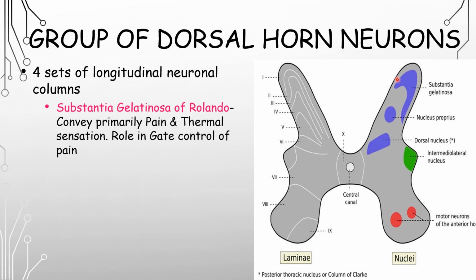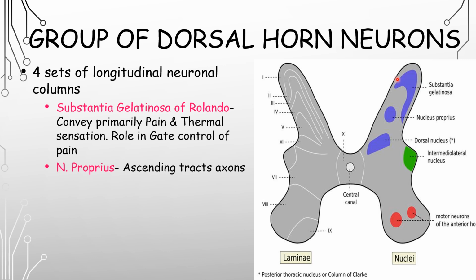It is continuous above with the nucleus of the spinal tract of the trigeminal nerve, the cranial nerve, and this conveys primarily the pain and the thermal sensation. It plays a role in the gate control of pain.